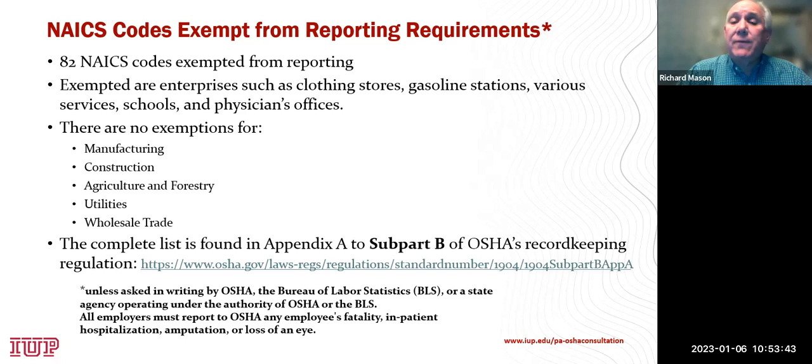But the complete list is found in the regulations, Appendix A to Subpart B, not Appendix A to Subpart E, which is the next slide, at this link. Okay. I wanted to talk, actually on the previous slide, about the 20 or more employees at a facility, because you're exempt from reporting altogether if you have 10 or fewer employees at peak employment for the year at all of your locations combined.